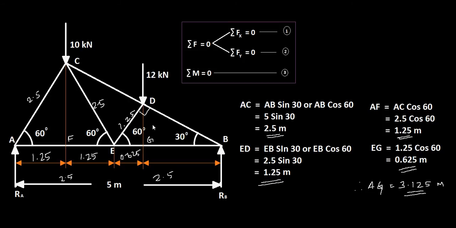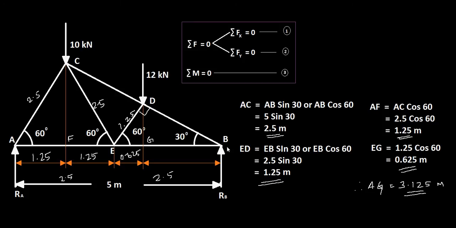And now we need to calculate the support reactions, and you have to use the equation of equilibrium, that is, summation of moments equal to 0. Now taking the moments of the forces 10 kilonewton and 12 kilonewton, and also considering the reactions, you have 10 kilonewton acting at 1.25 in the negative y direction, creating a clockwise moment about A, so a negative moment. 12 kilonewton acting at 3.125 from A in the downward direction, therefore creating a clockwise moment and hence again a negative value.